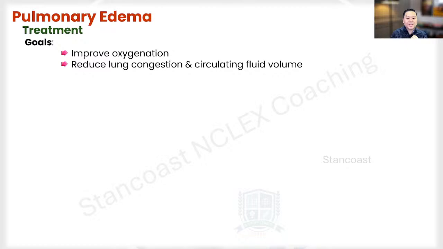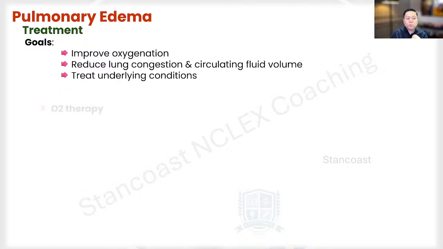And also we're going to have to reduce the lung congestion and the circulating fluid volume. Okay, so that would be the goals of the therapy. Again, improve the oxygenation. We're also going to have to reduce the workload of the heart and also the lungs by decreasing the congestion and also decreasing the circulating blood volume.